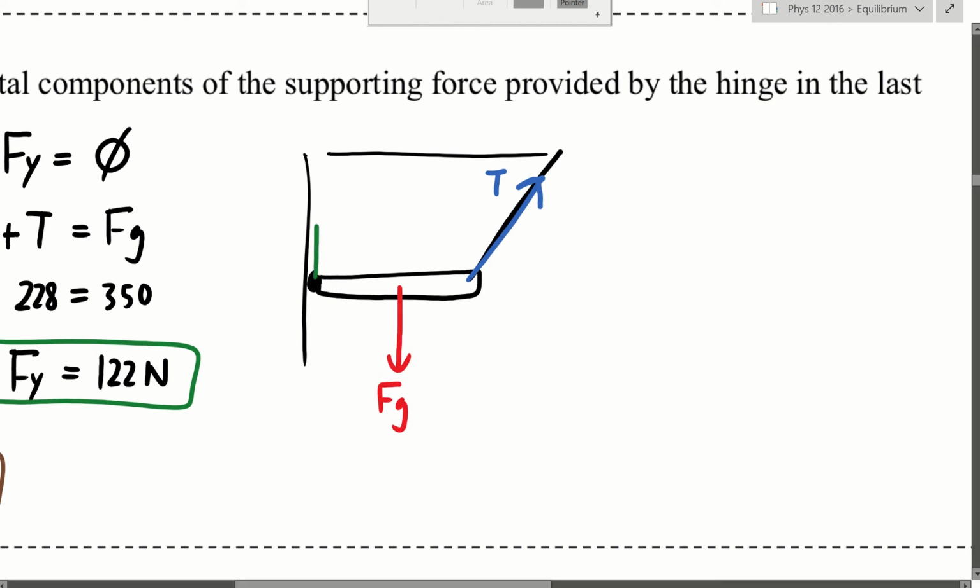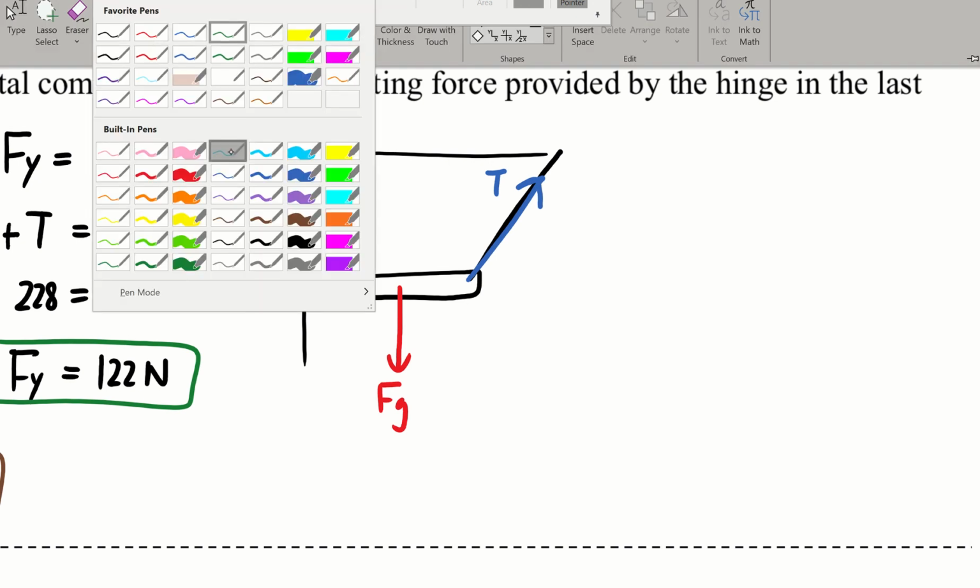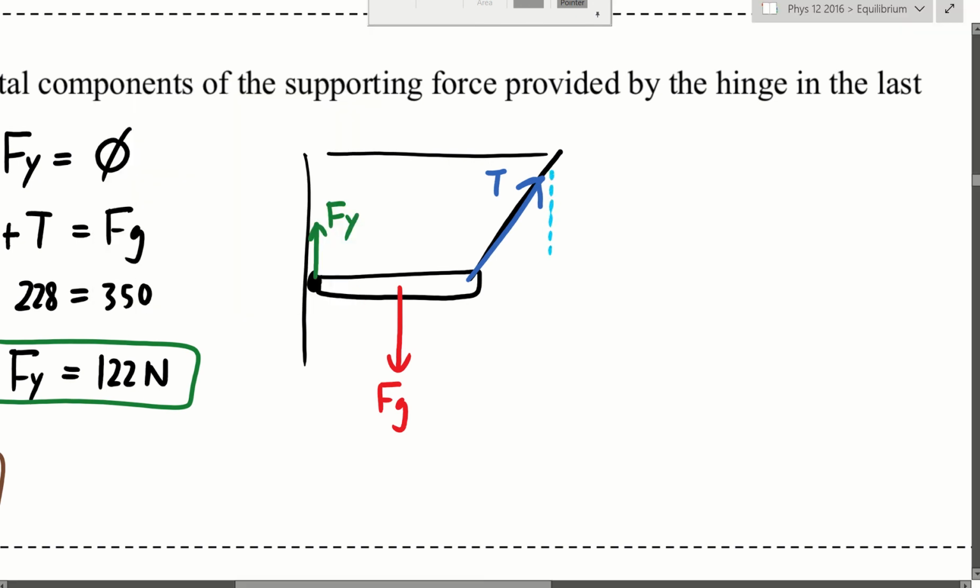But the hinge is going to have two forces now. The Fy, which together with the y component of this tension fights gravity.